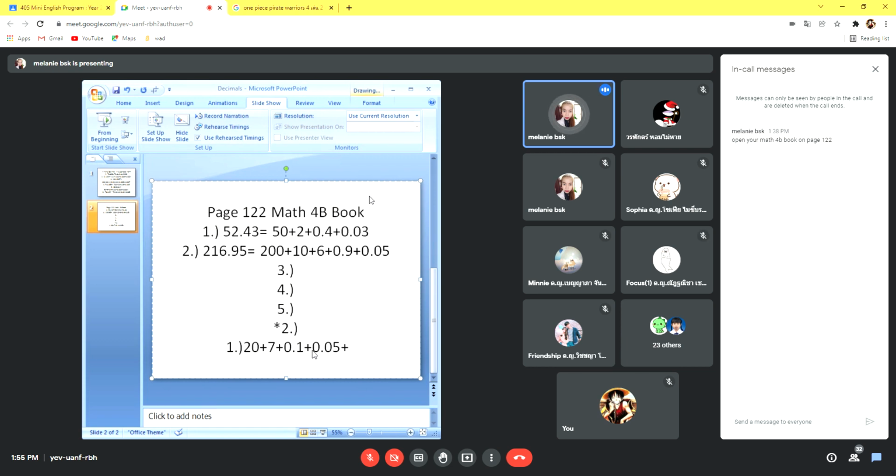A while ago, we were writing numbers in expanded form. Now you're going to write these expanded numbers in decimal form, children. How are you going to write this one in decimal form? Anybody? 27.15. Great job.